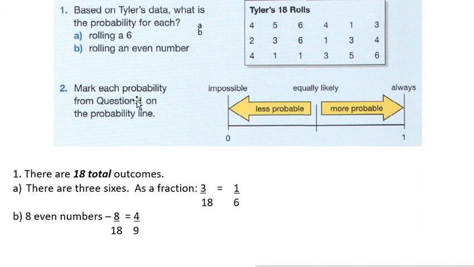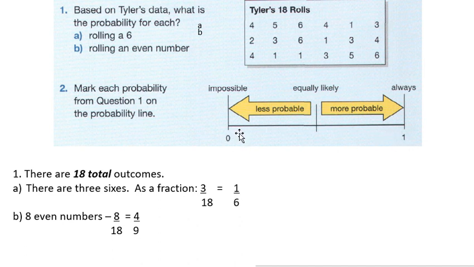Number 2, mark each probability from question 1 on the number line. We're going to start off with B. So B right here, it's 8 over 18 or 4 over 9. This requires a little bit of using the number lines that you learned in the previous chapter. So here's 0, and here's 1, or 100%, or 1 whole. You could look at this as 1 over 1, for example. If we cut this up into 9 pieces, imagine 9 pieces.